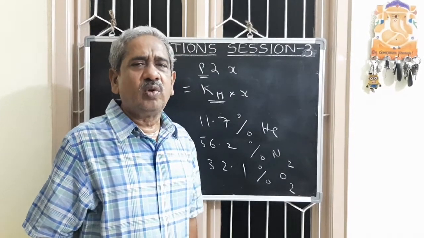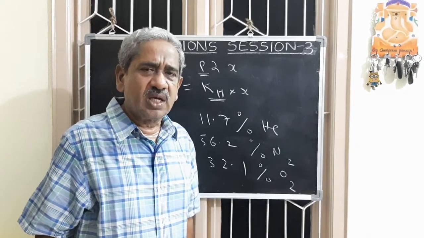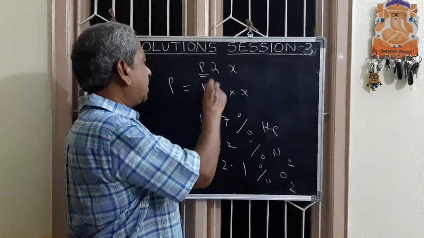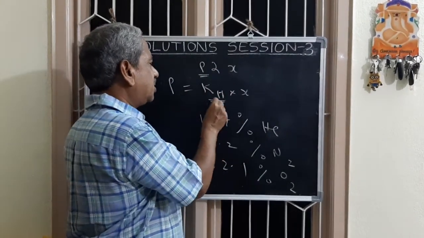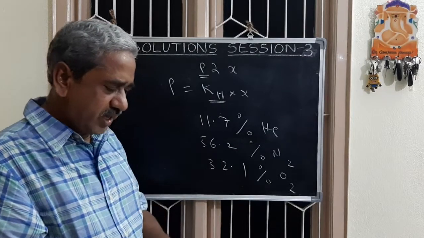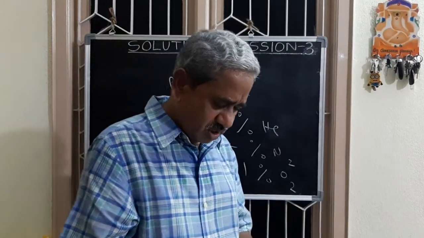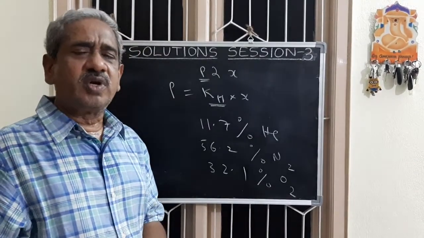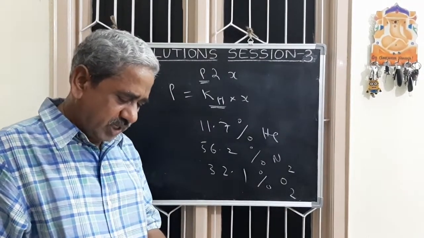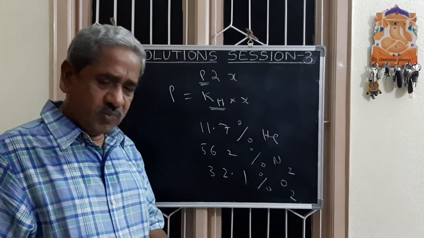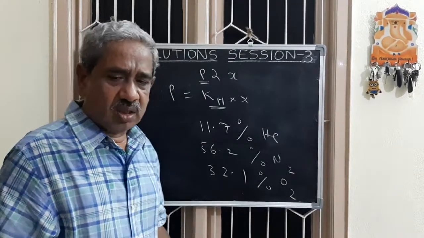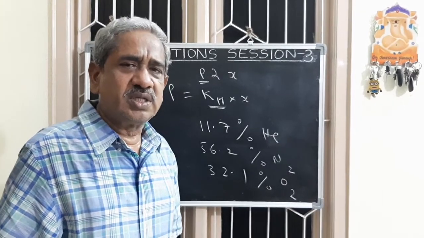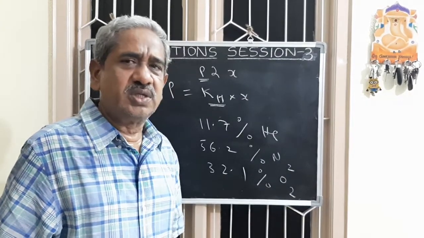The quantitative relationship was given by Henry's law: P is proportional to X, or P equals KH into X. This KH is called Henry's constant. As the value of KH increases, the solubility decreases. That is about the solubility of substances in liquids.